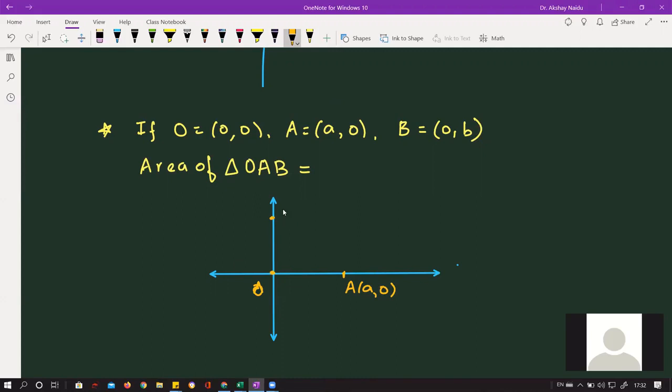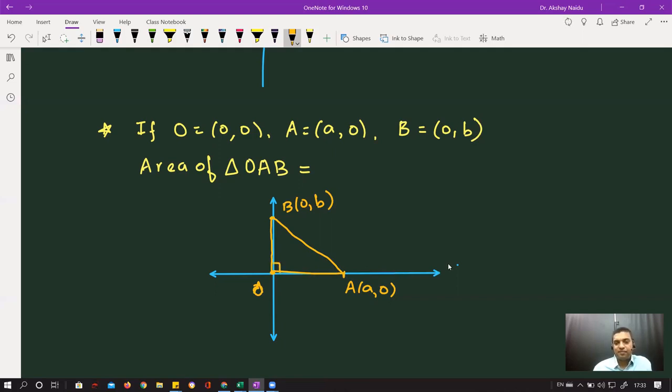This is the point a comma 0. This is the point 0 comma b. This is a right angled triangle, isn't it? In a right angled triangle, if OA is the base, OB will be the height. So what is the area? Half, base is a, height is b. You have to take a modulus because it can be in the other quadrants also. Okay. So you got this right?